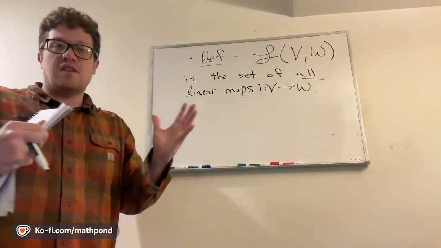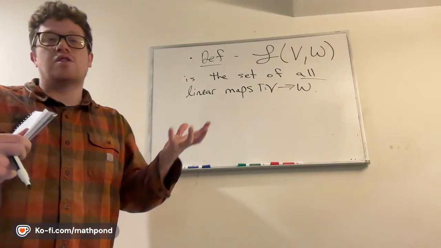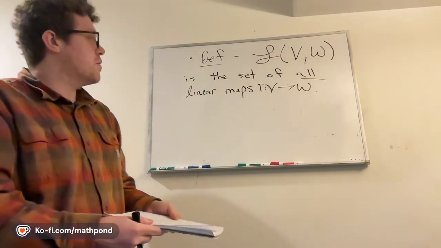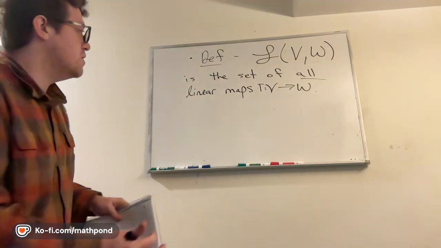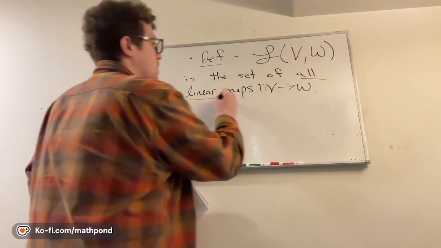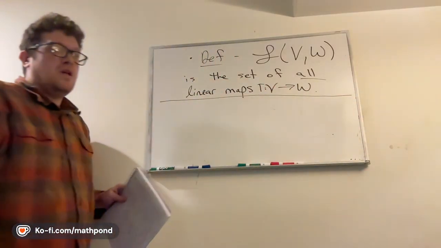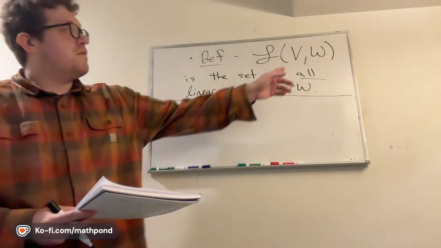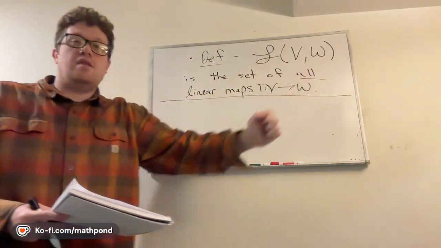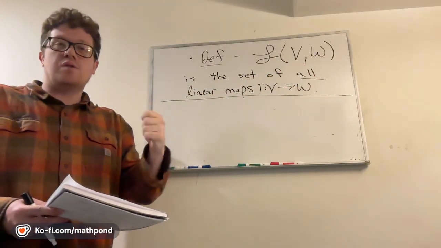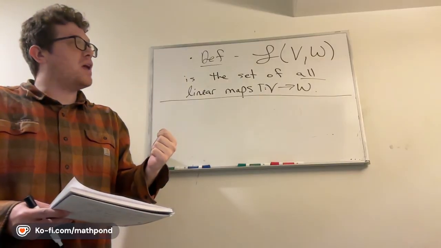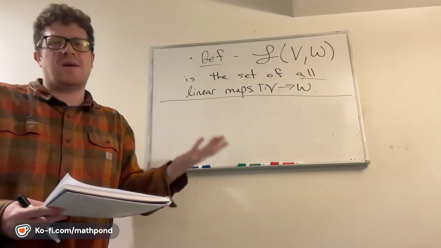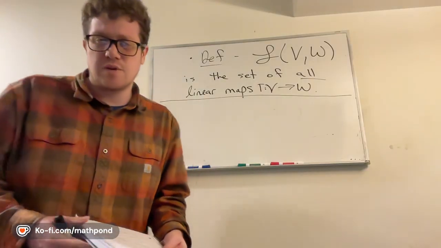And you can put them all together in a set, and then this set also has a vector space structure. So let's go through what that vector space structure is. We have structure preserving maps, and there should be some notion of adding two together. And if I take a scalar from the field, I should be able to multiply a map. So what does that mean in terms of the actual definition?